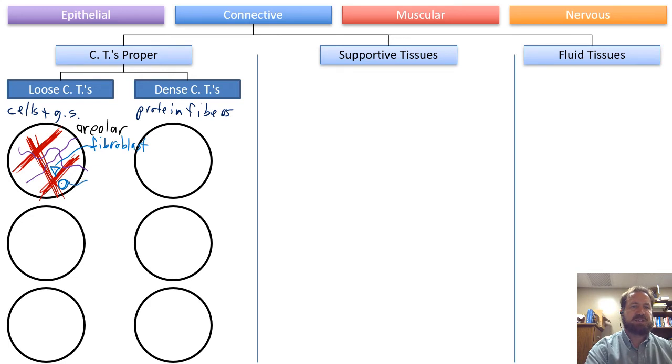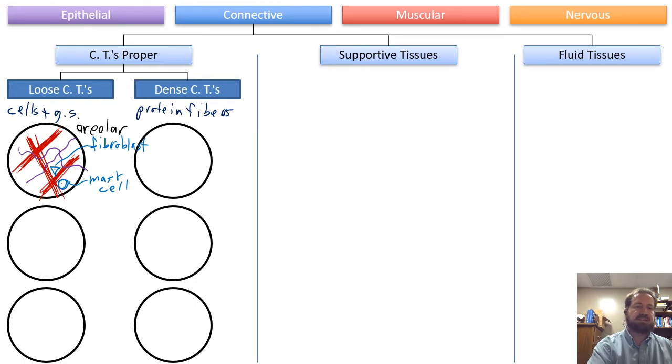The other cell you'll see here is a mast cell. These cells are early warning cells of the immune system that when they notice an infection process beginning to happen, they sound an alarm and cause a result called inflammation that brings in the troops. Okay.